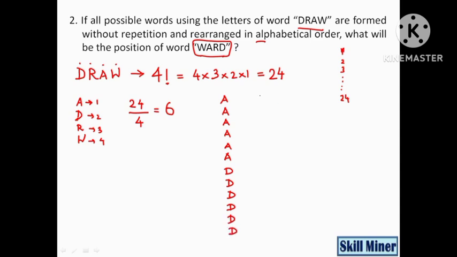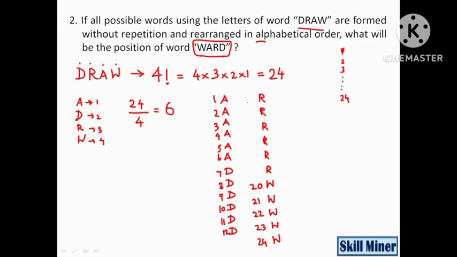Starting from R, 6 words are formed. Starting from W, the last 6 words are formed. So the last word will be the 24th, then 23rd, 22nd, 21st, and the W words begin after the 18th.